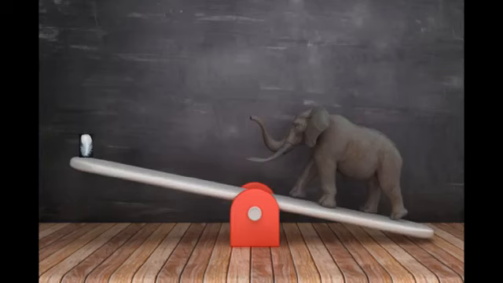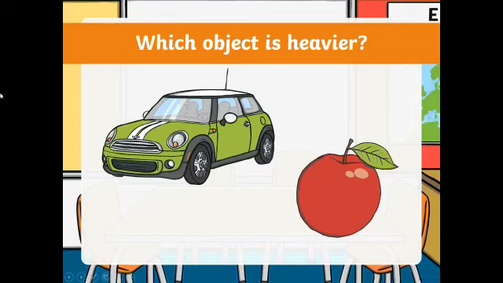Some things are really heavy, like an elephant. Some things are really light, like a feather. Which object do you think is heavier?